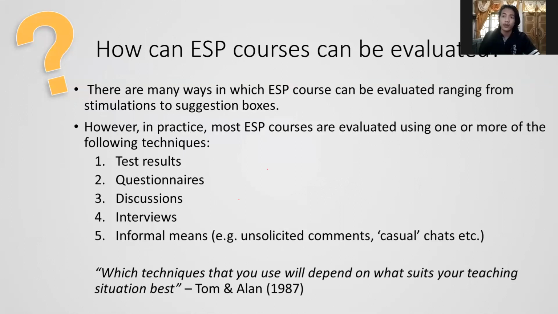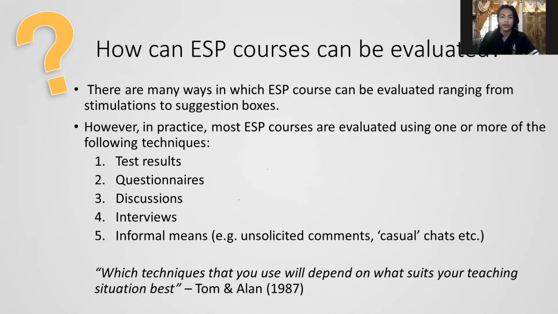How can ESP courses be evaluated? In theory, there are very many ways in which ESP courses can be evaluated, ranging from simulation to suggestion boxes. However, in practice, most ESP courses are evaluated using one or more of the following techniques.